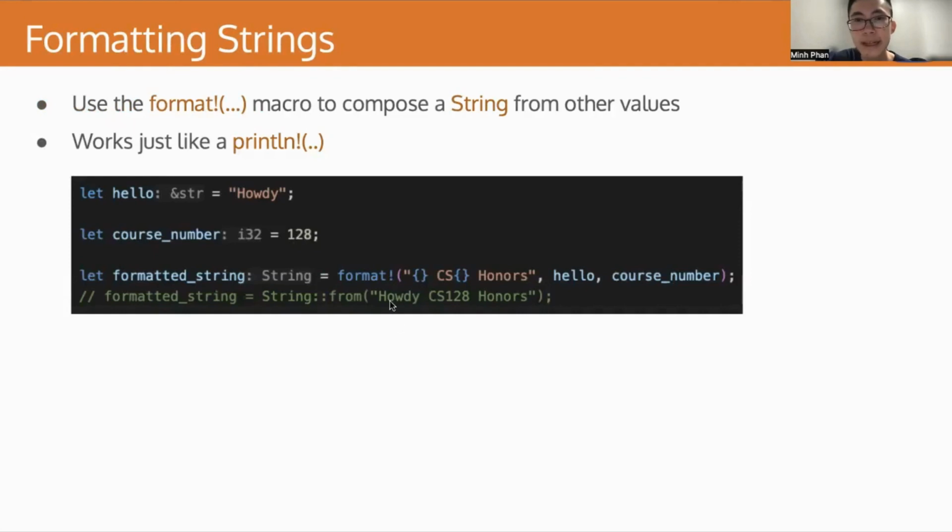We want to create the string "howdy 128". So what we do is we just call a format statement with a couple of characters and some placeholder values in there. And the format macro will substitute our two values into these placeholders, and the result will be similar to as if you just call String::from of that string.